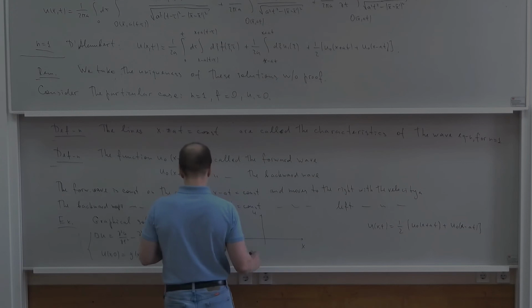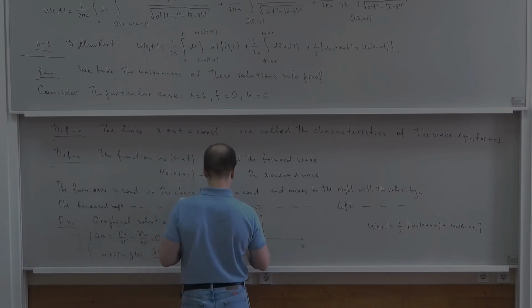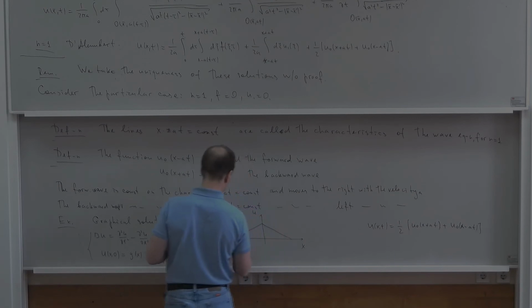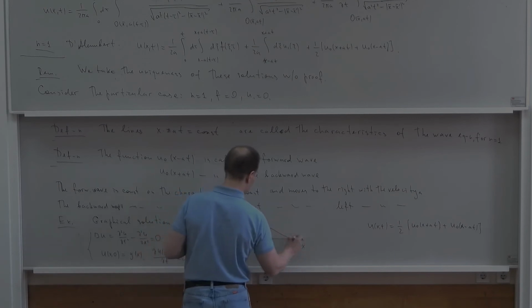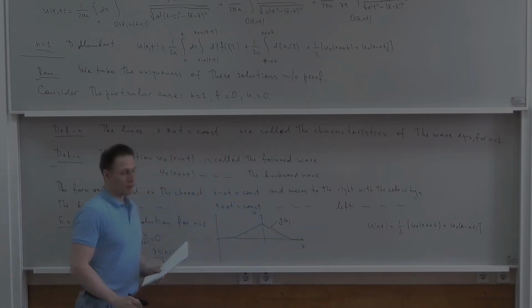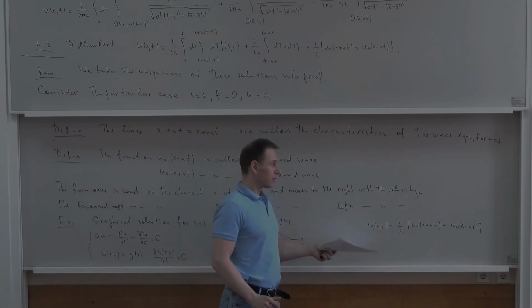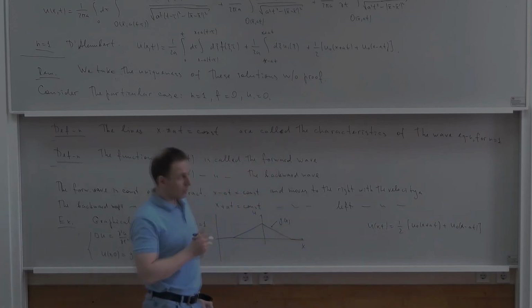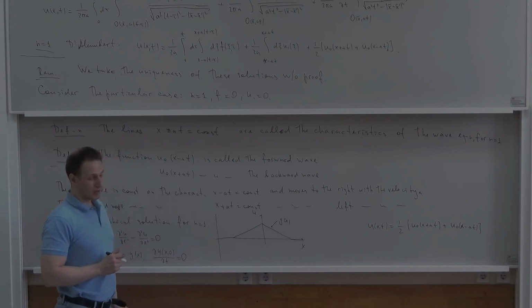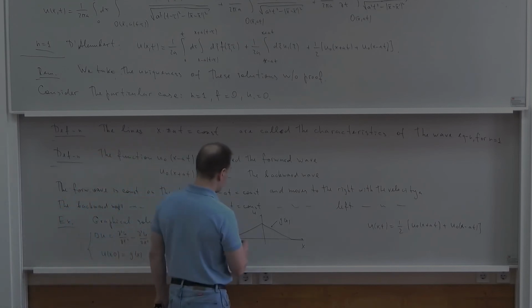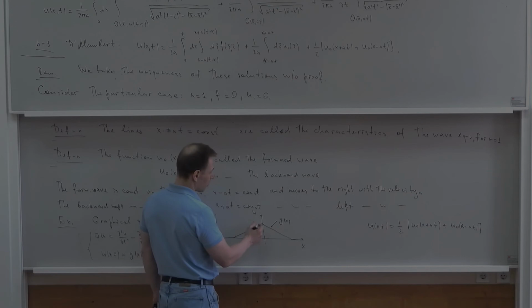So at some initial instant of time, we have, for example, such a profile. It is a function g of x. Then, in order to find graphically the solution u depending on x and t, we have to divide the heights at every point of this plot.